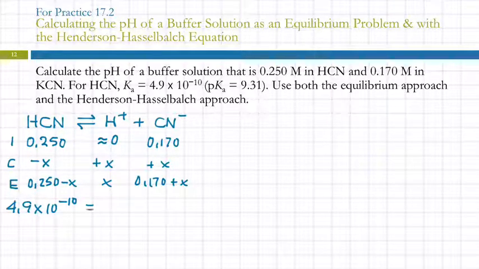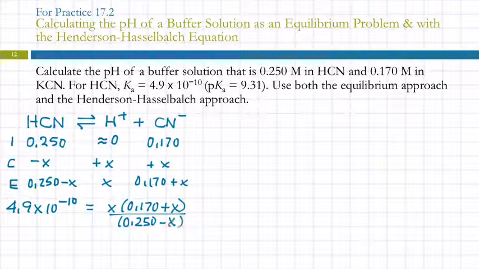And that's going to equal X times 0.170 plus X divided by 0.250 minus X.